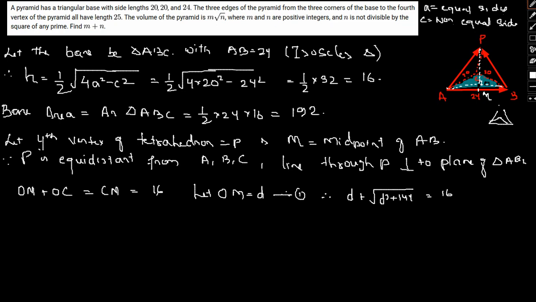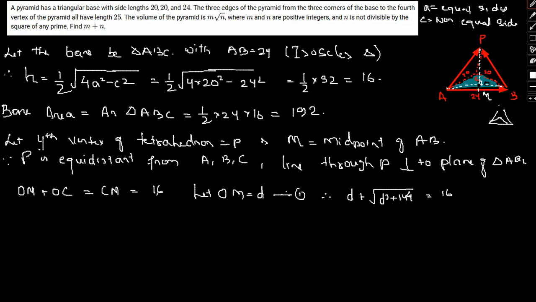Now, in general, if we square both sides just to remove the square root and solve this equation, you can simplify the same and then subsequently substitute the value in accordance with that.